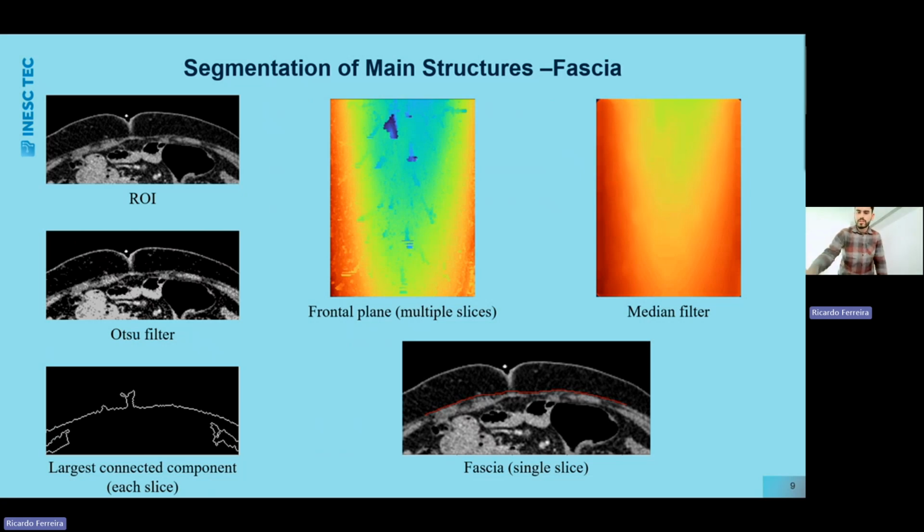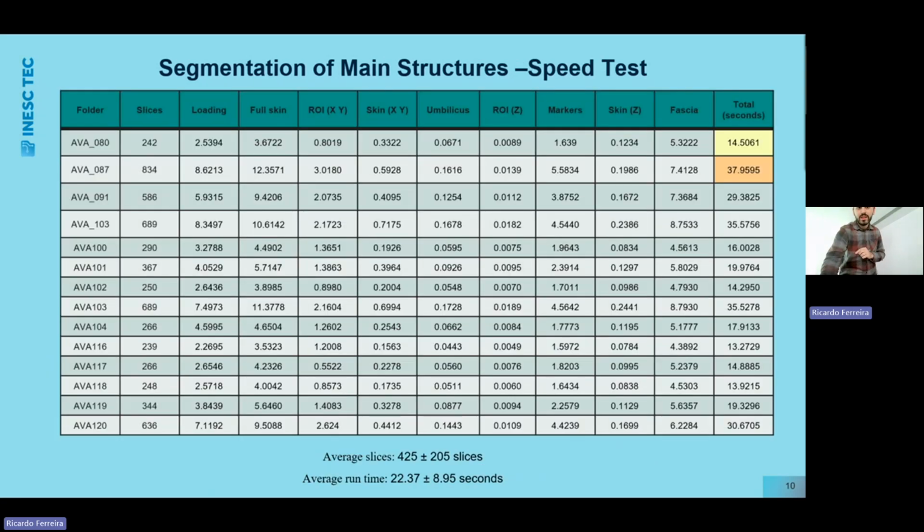Basically I take the region of interest, apply an Otsu filter, consider the highest filter part, segment it and calculate the contours in each slice. Then I put each slice in a frontal view and apply a median filter to make it smoother and get this appearance that we see in the fascia single slice.